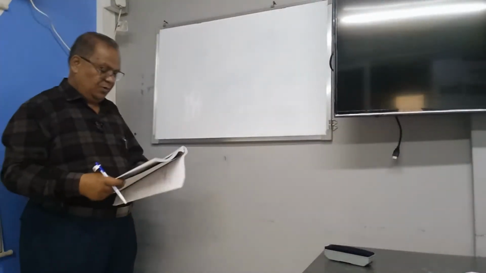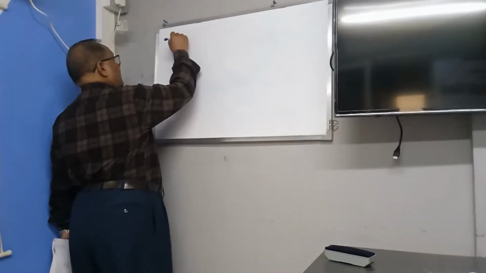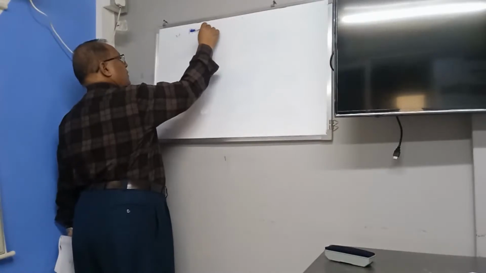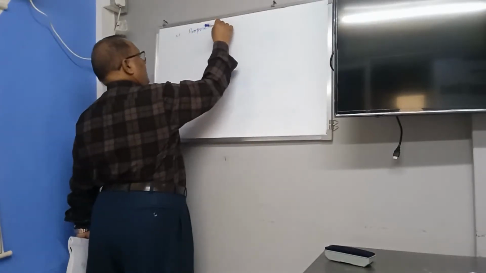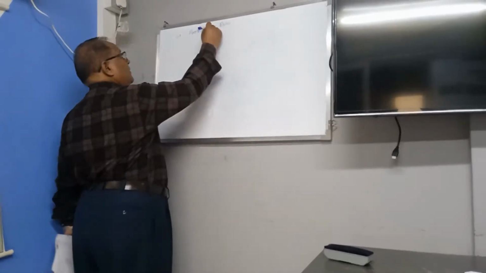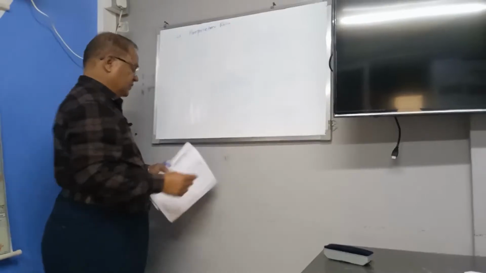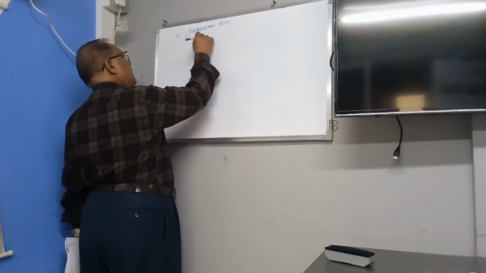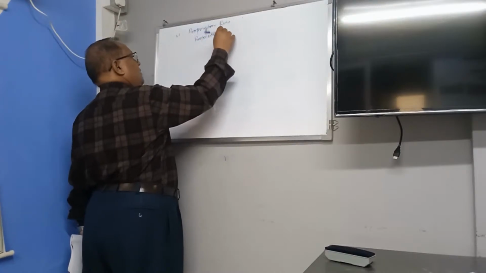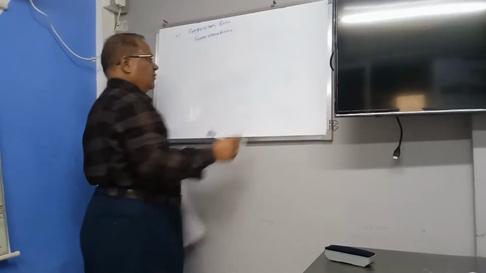You take here the proprietary ratio, sixth number. Formula: proprietary ratio is equal to shareholders fund divided by total assets.